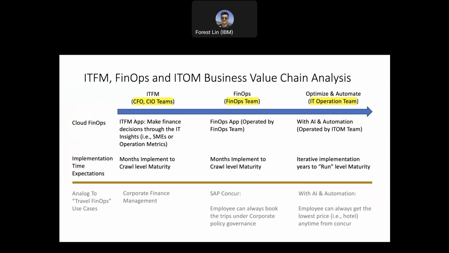But in the next few years, with the efforts of AI and big data analytics, and with AI and automation, I expect employees can always get the lowest price in the future, anytime with Concur. So this is the use case for the business application and the AI enablement. This is almost identical to the cloud FinOps logic. The only thing is cloud FinOps is much more complicated than the travel FinOps.